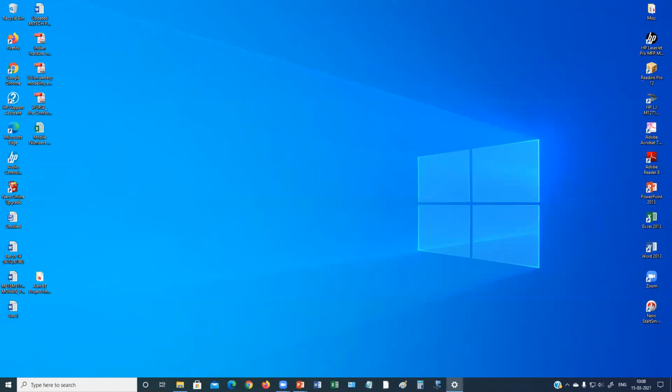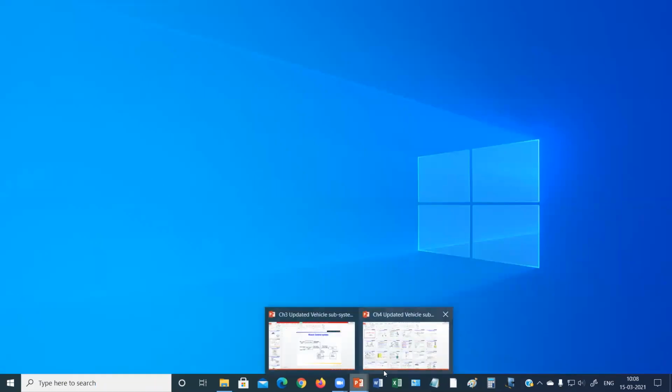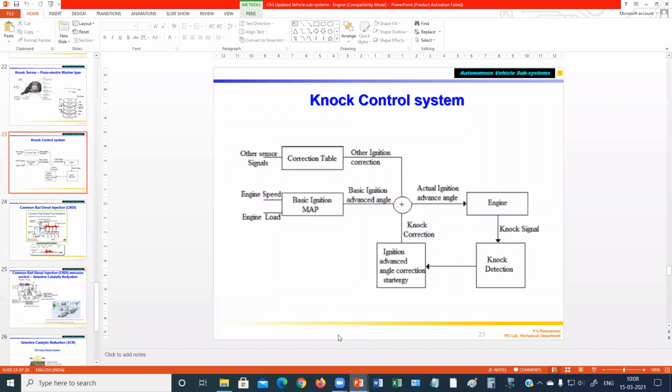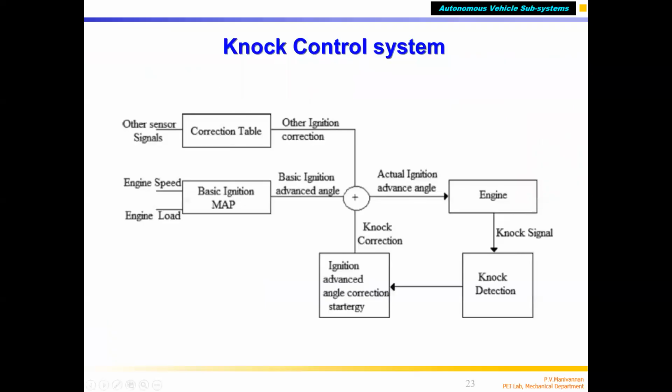Display setting. Now? Yes, sir, visible. Okay, thank you.